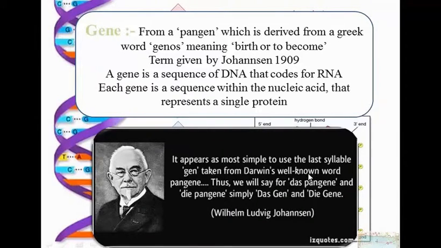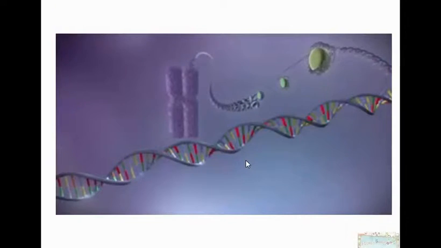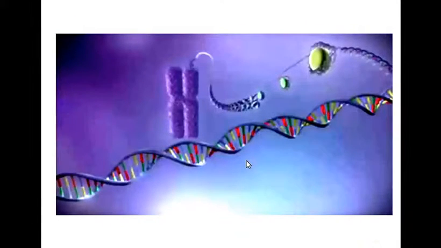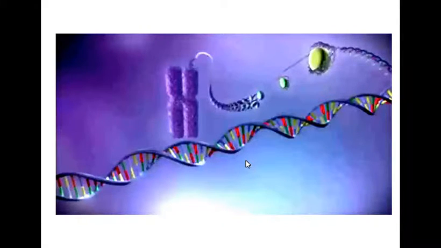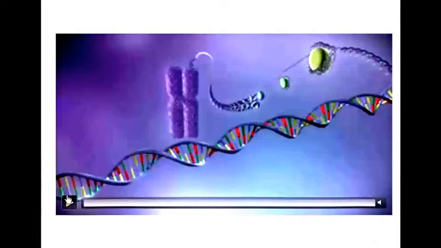Pangene was originally given by Darwin, but Johansen felt that pangene would be an elaborate term, so he simplified it by using the last three letters, and from then on it was called gene. I have a small video to show how genes play a role in protein synthesis and how these proteins carry out the various functions in the body. So let's see with the help of a video.